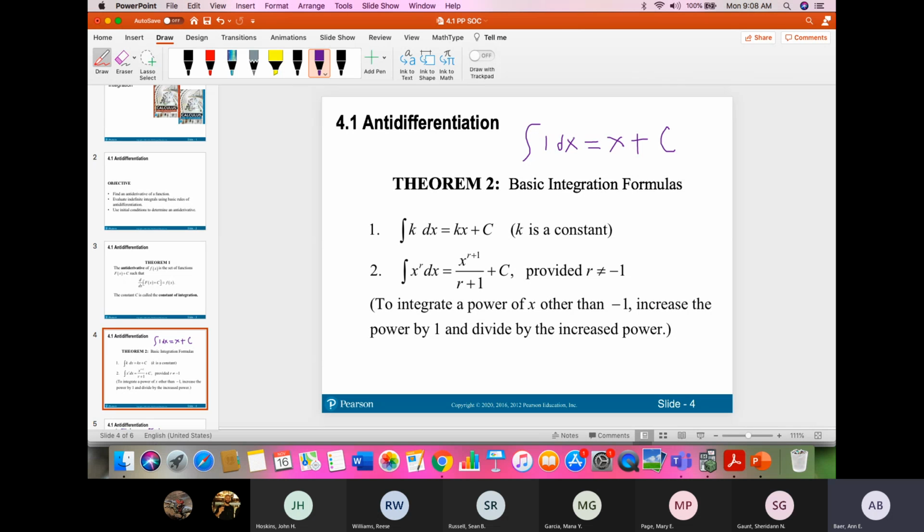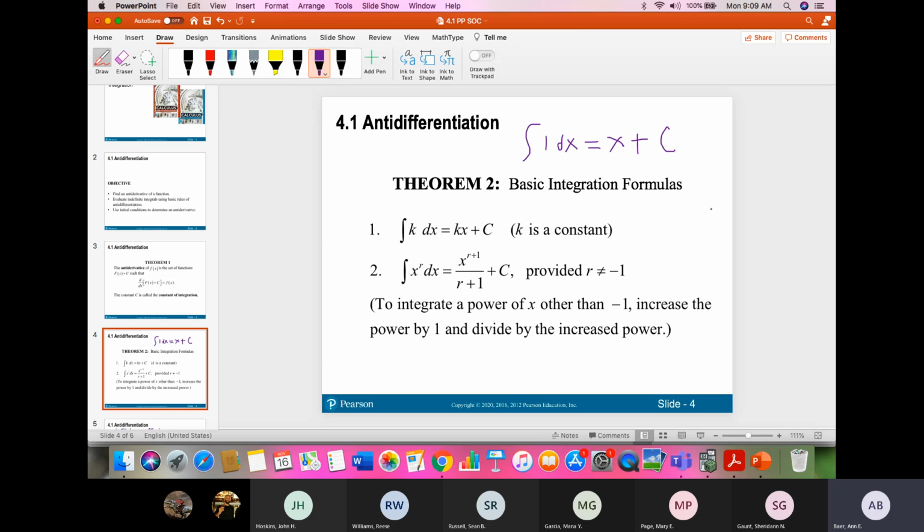By writing this antiderivative, this is how we write antiderivatives, this elongated S is called the integral sign. By writing our integration like this, the integral of 1 dx, we have to say that's equal to x plus the constant of integration, where you can generate an infinite number of x plus this, x plus that, x plus something else.